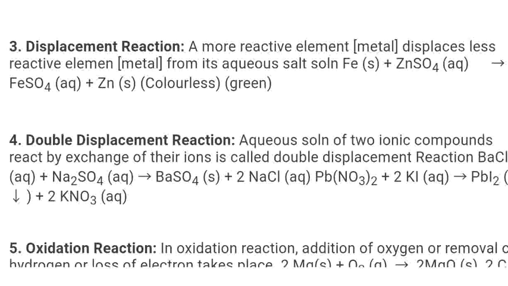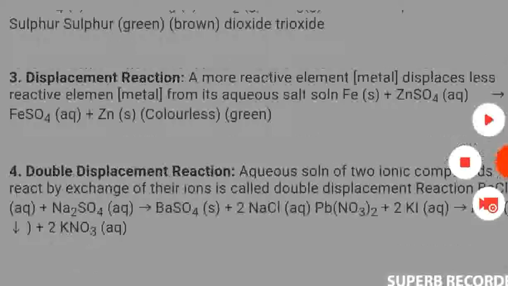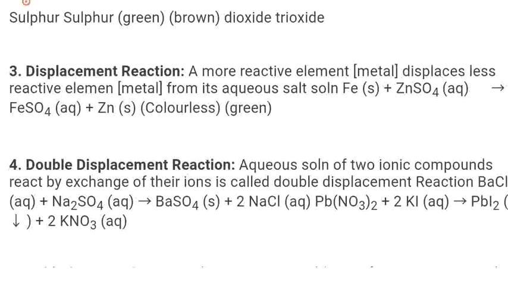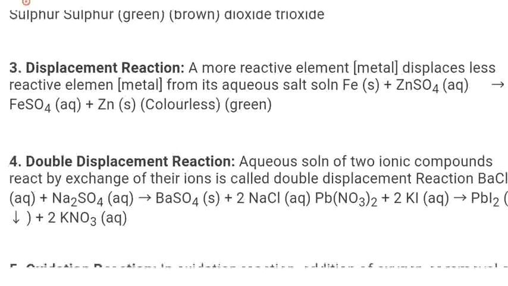Okay, now, what is a displacement reaction? In a displacement reaction, a more reactive element displaces the less reactive element from its aqueous salt solution or any other substance. For example, if we pour Fe into ZnSO4 aqueous solution, then the colorless solution of ZnSO4 turns green as the zinc moves out, which is colorless, and FeSO4 is formed, which is ferrous sulfate.